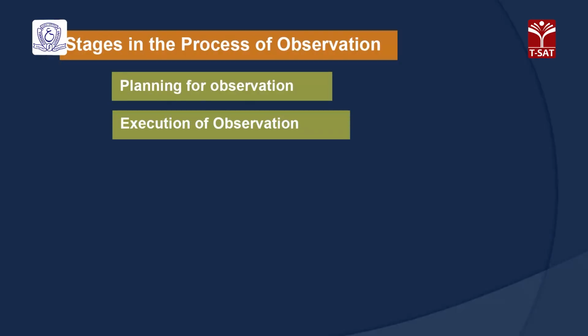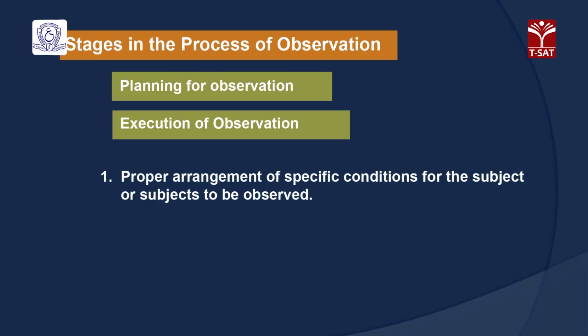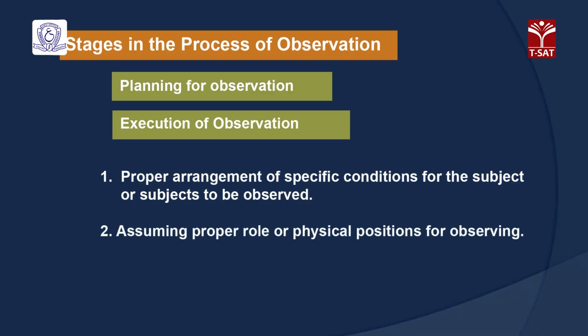Second important stage is the execution of observation. The expert execution of observation includes, first, proper arrangement of specific conditions for the subject or subjects to be observed. Second, assuming proper role or physical position for observing.